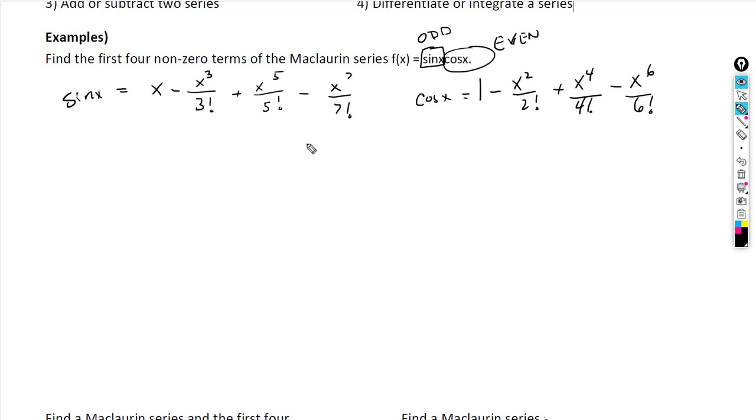So I'm going to show you an easy way to maybe line this up so it makes sense. So I'm going to take the x from the sine and multiply it by the whole cosine: 1 minus x squared over 2 factorial plus x to the 4 over 4 factorial minus x to the 6 over 6 factorial. Now I'm going to speed this up because this is going to take a while, so I'm just not going to say anything right now.